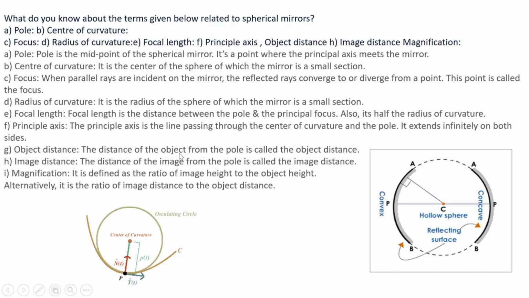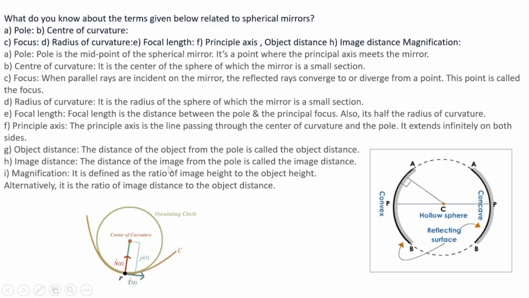The distance of the object from the pole is called the object distance, where we are placing the object, whether here, or beyond the center of curvature, or anywhere. How far or how near to the pole, here or here, anywhere. So that becomes the distance of the object. And where the image is forming, that is the image distance.